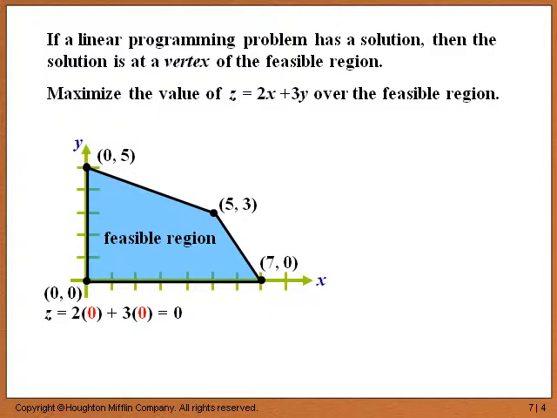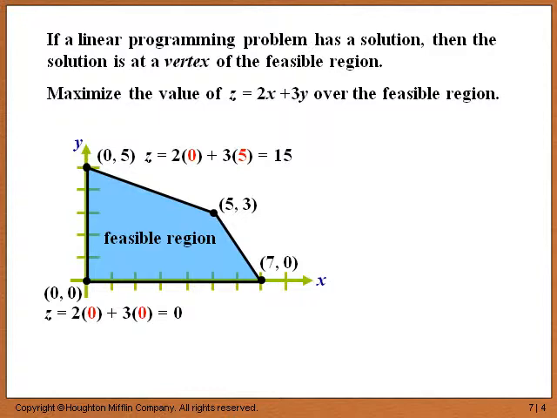Alright, so starting with the vertex 0, 0, if I plug that into my objective function z equals 2x plus 3y, I get z equals 2 times 0 plus 3 times 0, and that equals 0. Now let's test the 0, 5 vertex.